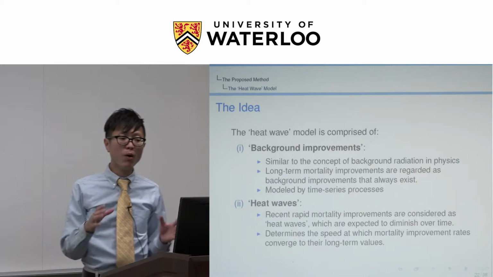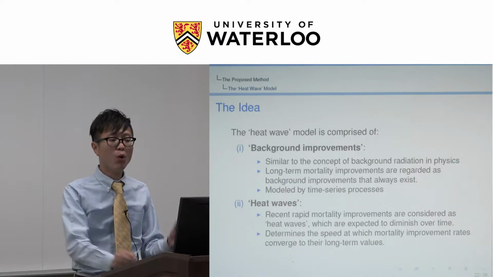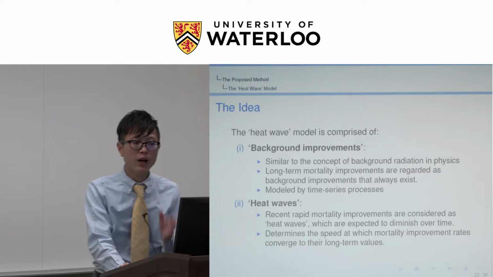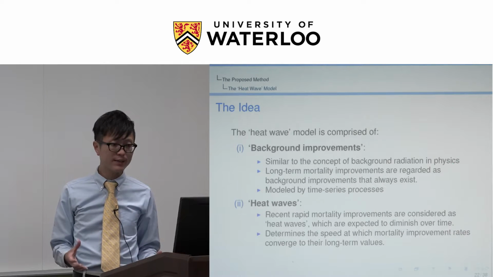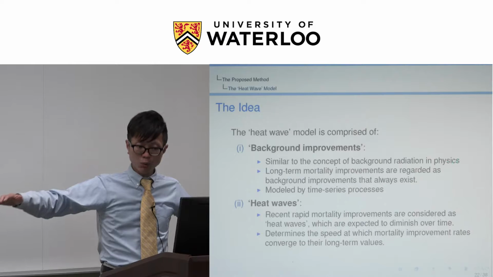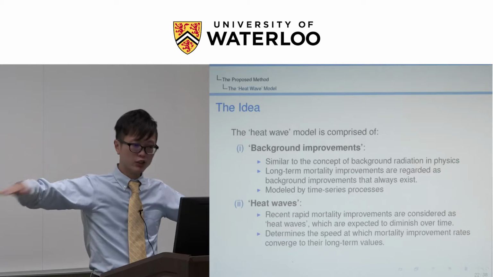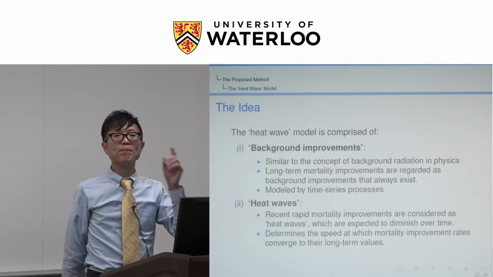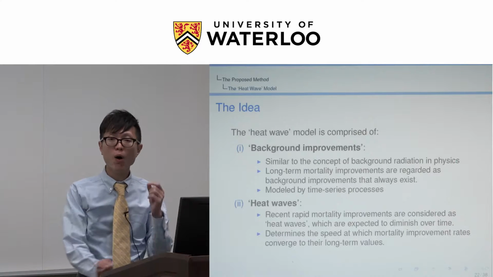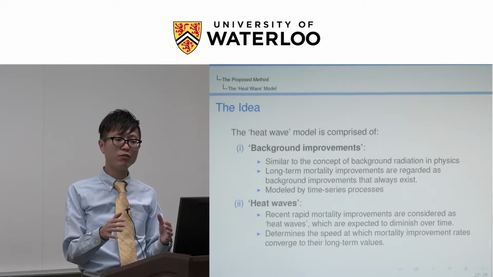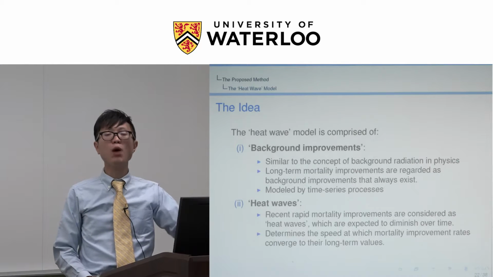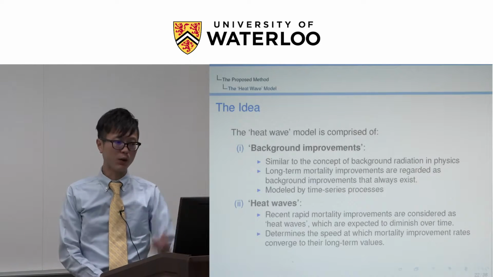And secondly, the model captures heat waves, which correspond to the rapid mortality improvements that are observed in recent decades. These heat waves are expected to diminish over time. The heat wave component also determines the speed at which mortality improvement rates converge to their ultimate or long-term values.